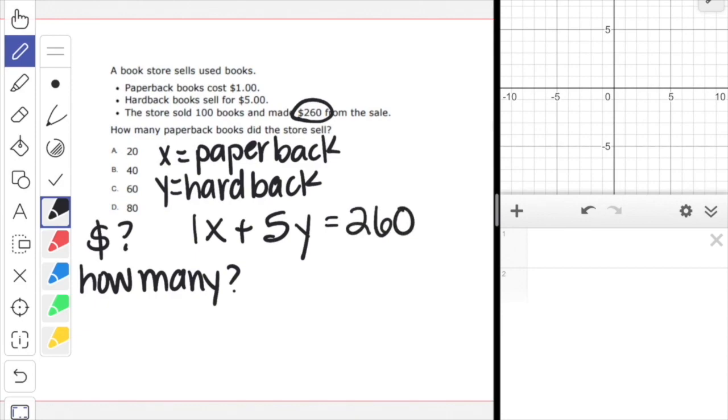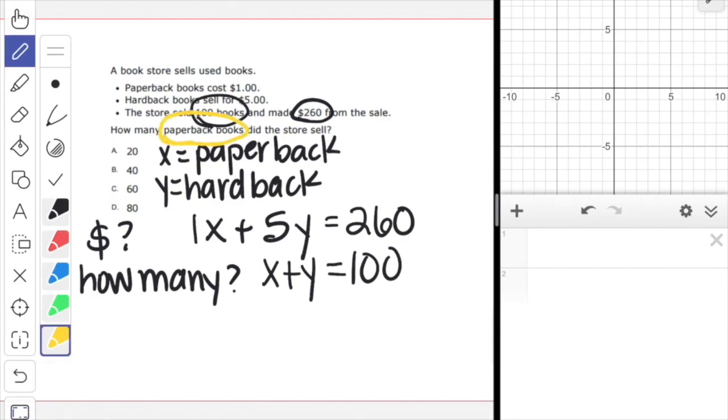Now the how many, they sold 100 books. So that's going to be X plus Y equals 100. Now they want us to solve for paperback. So if we're solving for paperback, we're solving for X. And if we're solving for X, then we want to eliminate Y. So we're going to eliminate Y here.